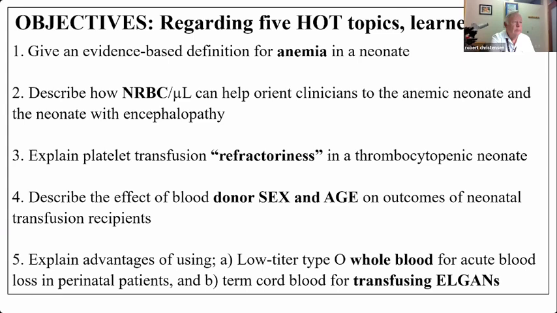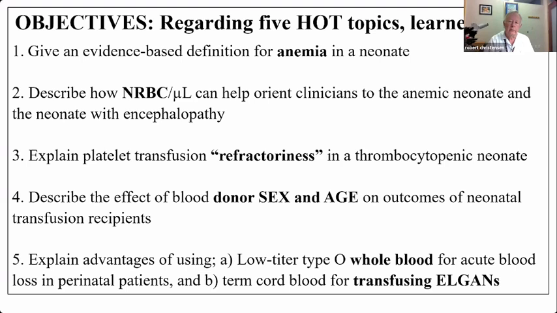Third, we're going to turn to platelets for a bit and explain the term platelet transfusion refractoriness in thrombocytopenic neonates and what we can learn from that and how to avoid it and how to treat it if it happens.